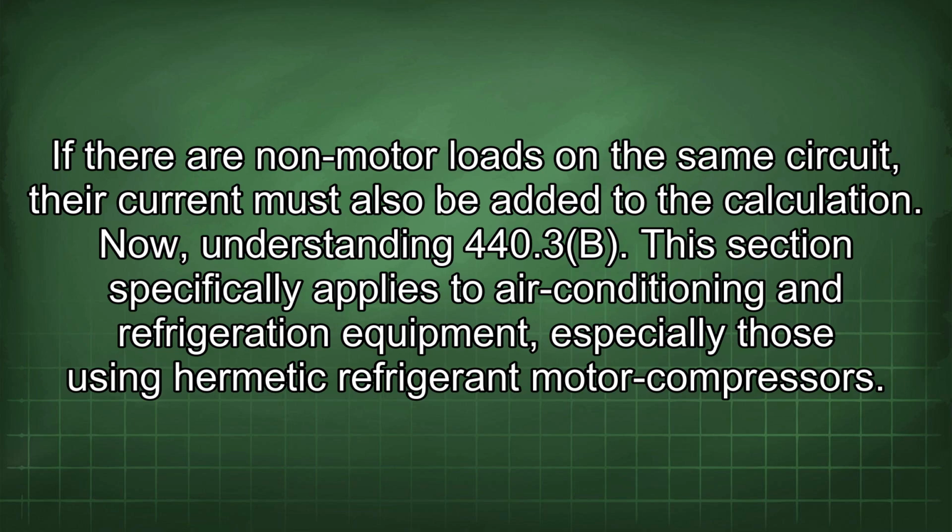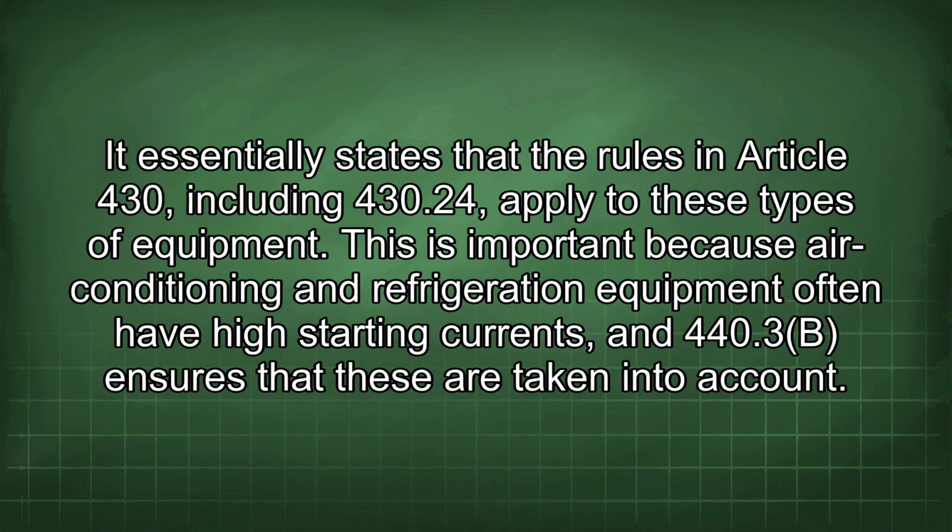Now, understanding 440.3(B). This section specifically applies to air conditioning and refrigeration equipment, especially those using hermetic refrigerant motor compressors. It essentially states that the rules in Article 430, including 430.24, apply to these types of equipment.